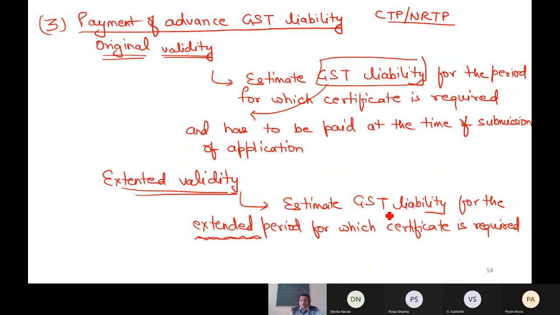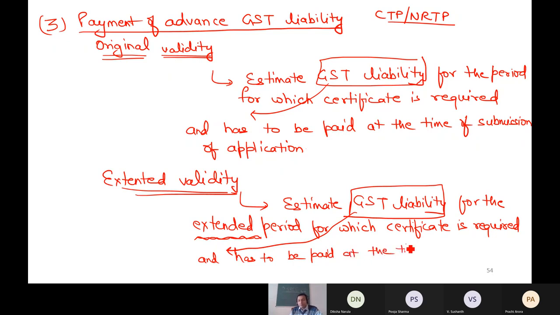Again, I should pay that as advance tax. It is necessary. It has to be paid at the time of submitting the application for extended validity. Now this is a new point. You don't need it in the case of other businesses.